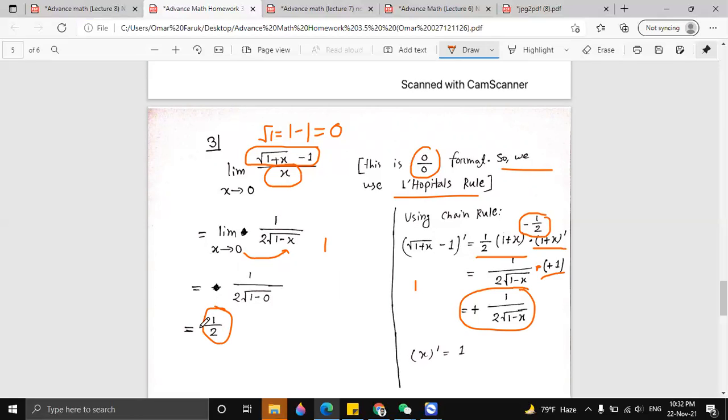Okay, guys, can you understand? Yeah, got it. Julian, Farin, what about you guys? Farin or Khadija? But during class, I think I understood the rationalization method better. Okay, so this is the L'Hopital's rule.